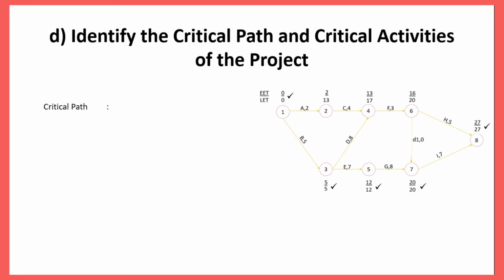Hence, the critical path is 1, 3, 5, 7 and 8. However, for critical activities, you can focus on activities that are involved in the network. Hence, the critical activities are B, E, G, and I. So, that's how to identify the critical path and critical activities of the project.